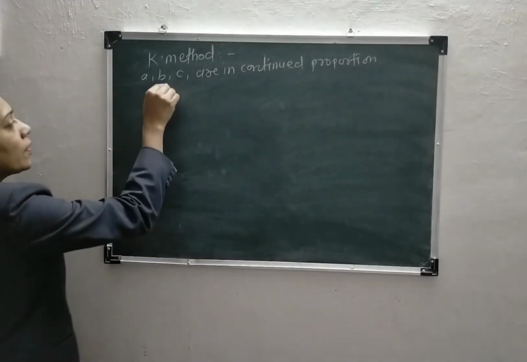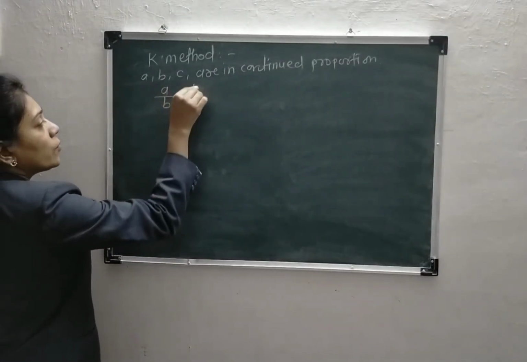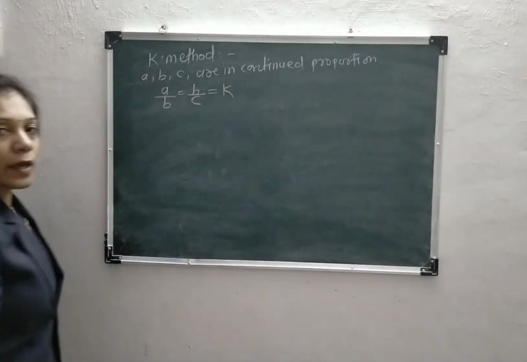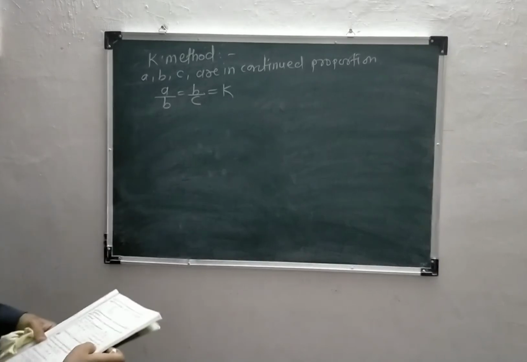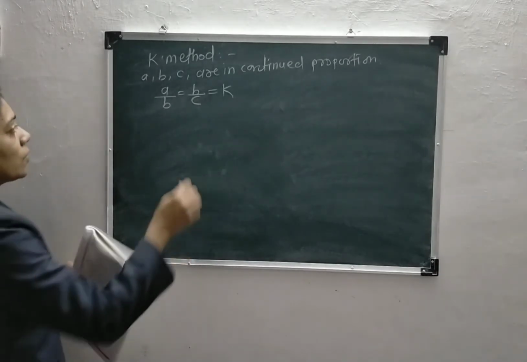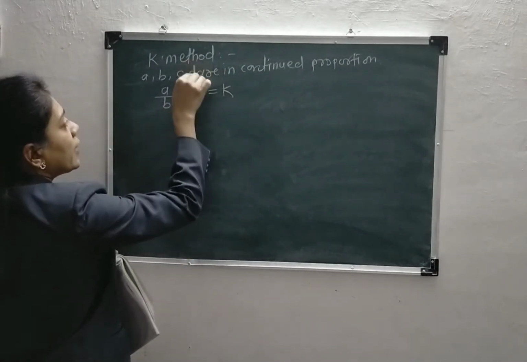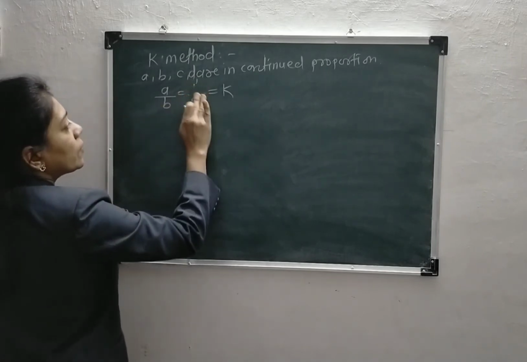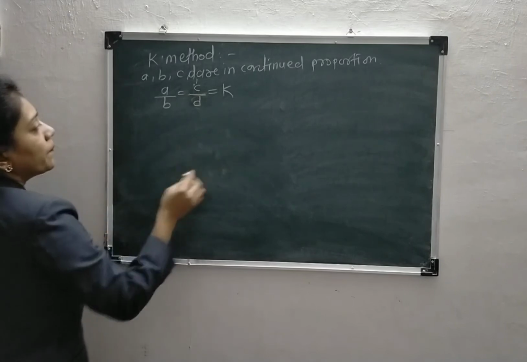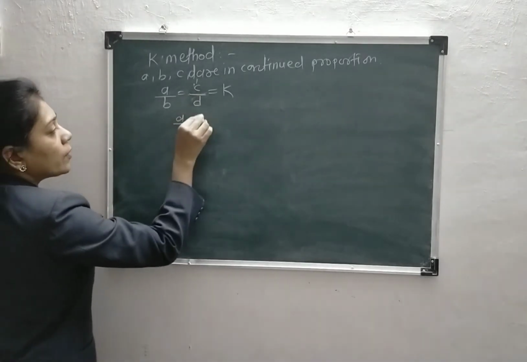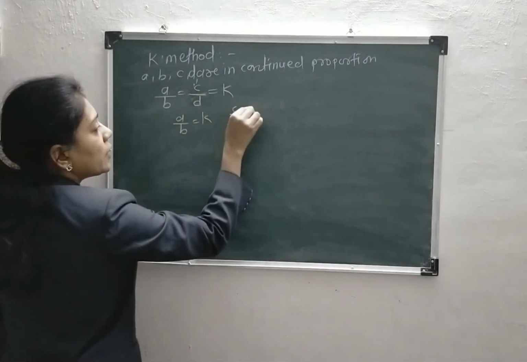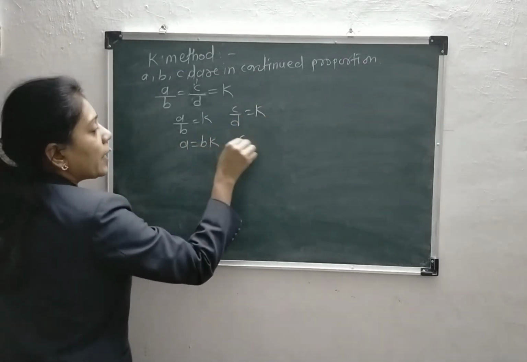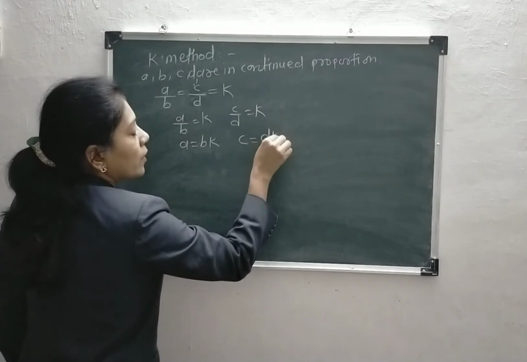Sorry, here A upon B is equal to C upon D. Then A upon B is equal to K and C upon D is equal to K, which means A is equal to BK and C is equal to DK.